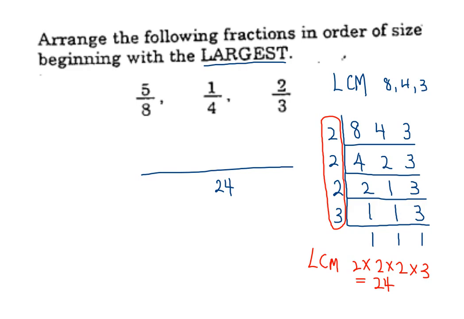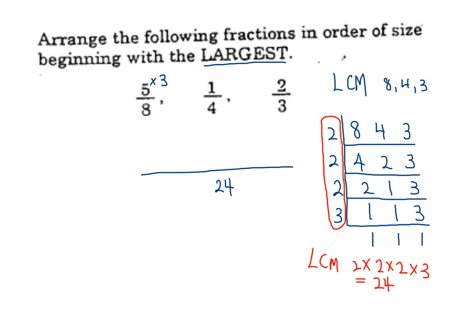To do this, we're going to ask ourselves how many times 8 could go into 24. So we'll start with the first fraction. 8 into 24 is 3, and we're going to take that multiple, that factor, and multiply 5 by 3.